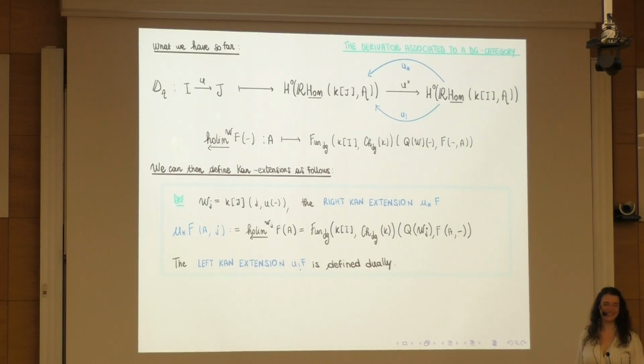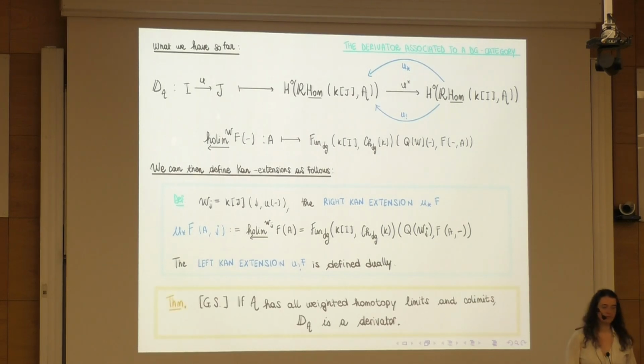One final question. Thanks very much for the talk. This is more of a naive question because I'm not necessarily in the specific field, but you mentioned that your equivalence demands all weighted homotopy limits and colimits to exist, like your main theorem. But you are only using specific weights for these right and left Kan extensions, as I understand. So actually this is a bit farther than a request, because the actual theorem says that A should be a pretriangulated DG category.